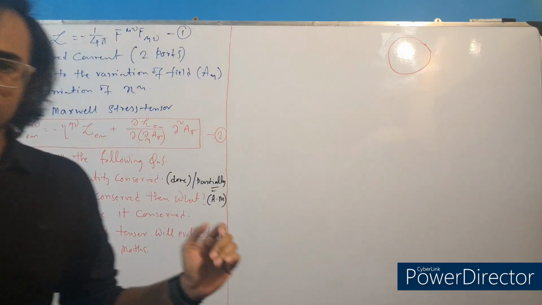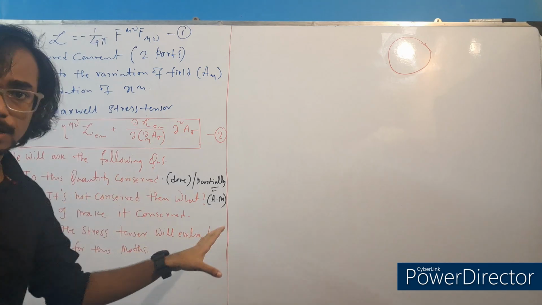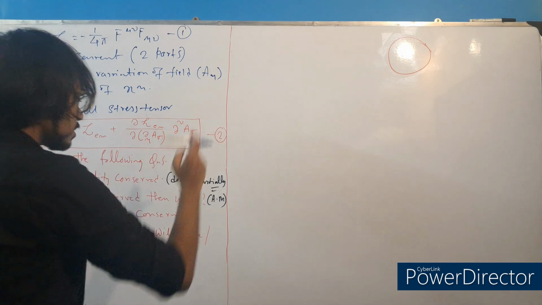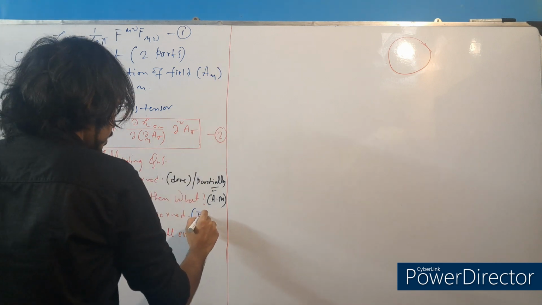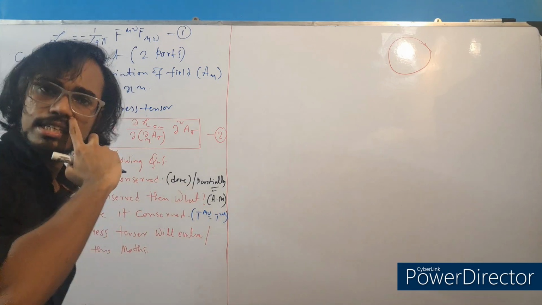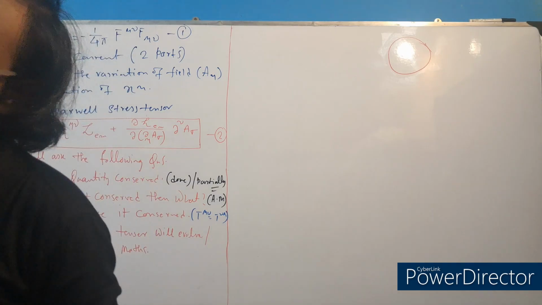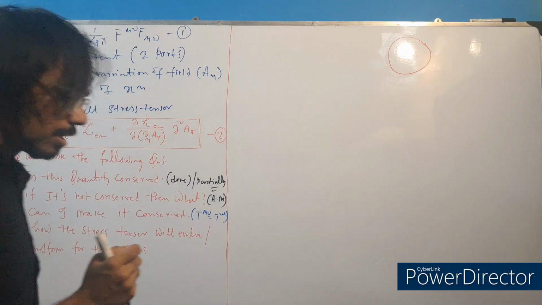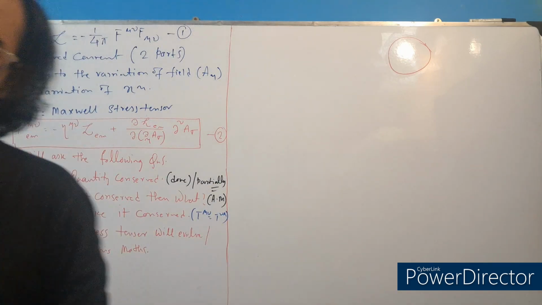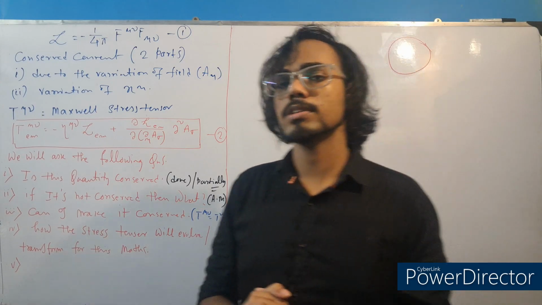Okay, so I have wiped the board and we have got the answer to our third question: can I make it conserved? Yes, under certain circumstances, when our T mu nu is equal to T nu mu. If my T mu nu is symmetric, then we can claim that our angular momentum will remain conserved. But we have seen in our first derivation that T mu nu is an antisymmetric quantity, and that contradicts our theory.